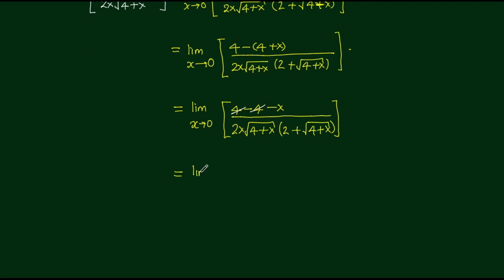So we have the limit as x tends to 0 of the numerator as negative 1 times x over 2x multiplies under root of 4 plus x, then times 2 plus under root of 4 plus x.